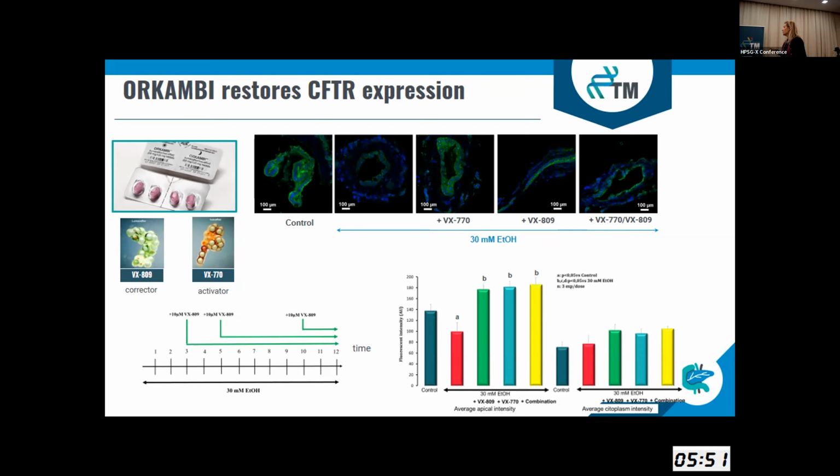Orkambi contains both a corrector and an activator, and the treatment of the ductal cells with these agents at different time points, alone and also in combination, was able to restore the expression of CFTR after the ethanol treatment, especially in the apical membrane of the ductal cells.